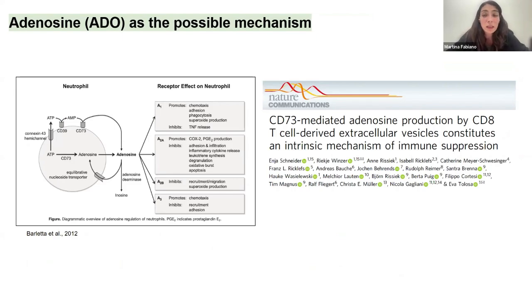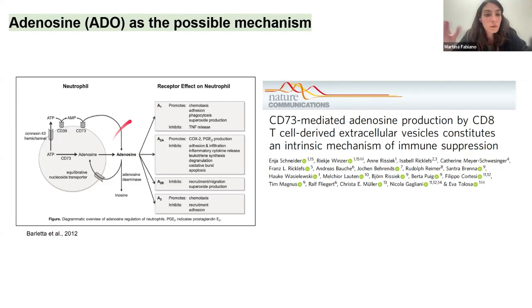As you may know, ATP is an inflammatory molecule that is rapidly cleaved sequentially by two enzymes: CD39, which cleaves ATP and ADP into AMP, and CD73, the enzyme responsible for cleaving AMP to adenosine.